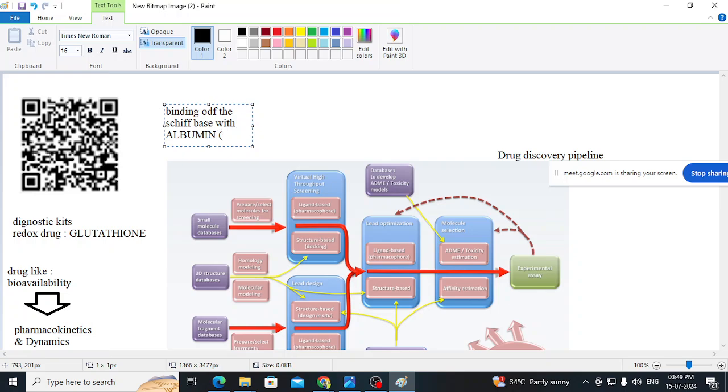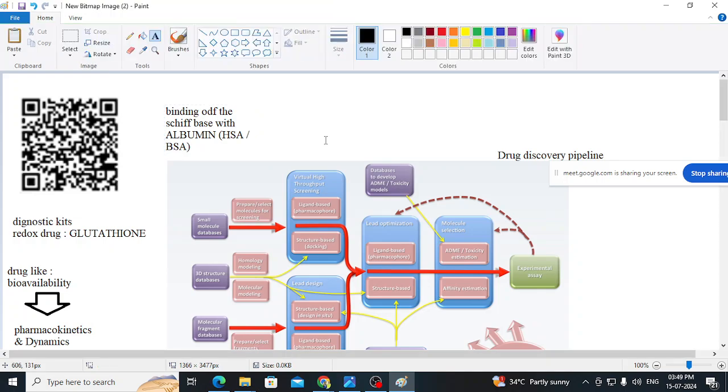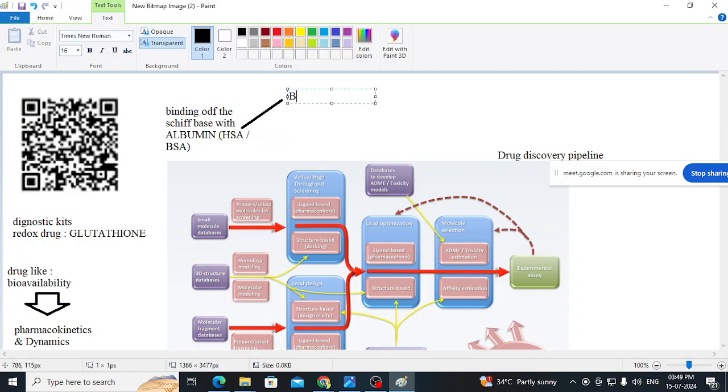We have studied the binding with human serum albumin as well as with bovine serum albumin. Why? Because if we have very good binding interaction, it means there could be sufficient bioavailability in humans, to act as a human drug.